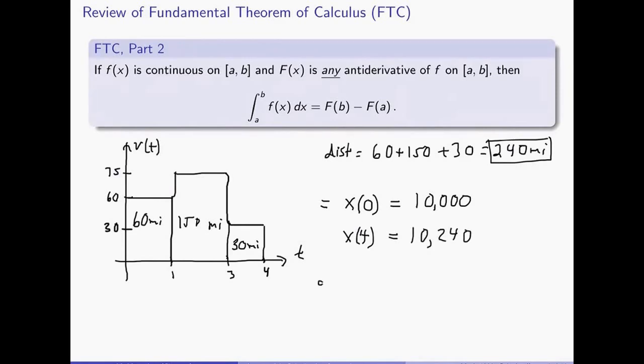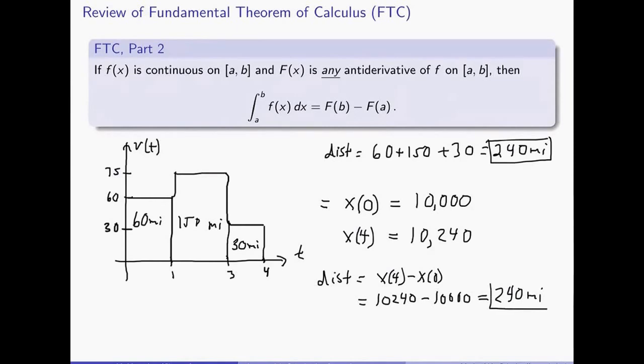So clearly your distance is simply x of 4 minus x of 0, which is 10,240 minus 10,000, which is 240 miles.